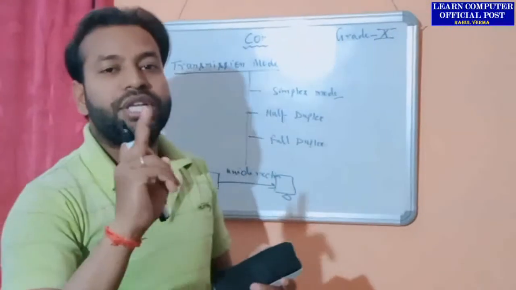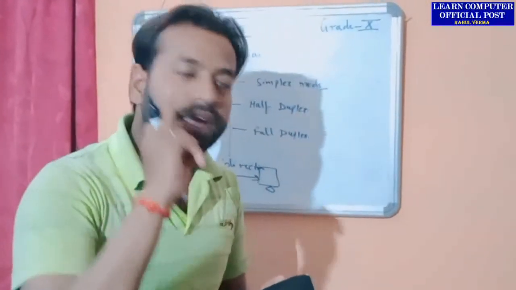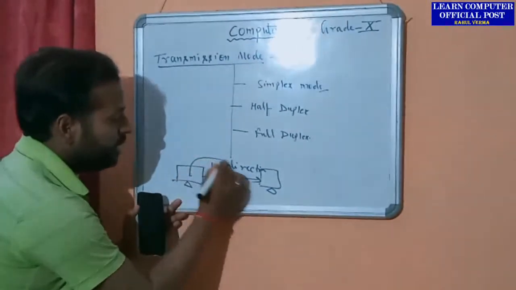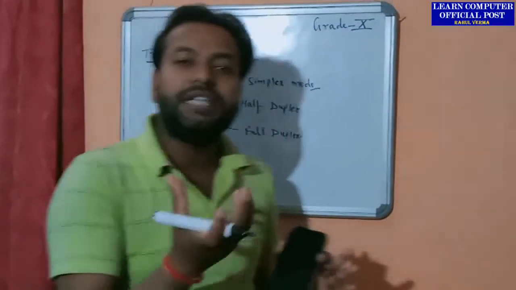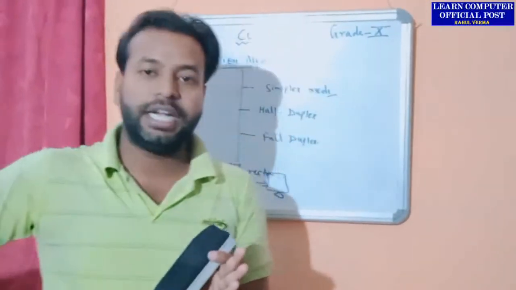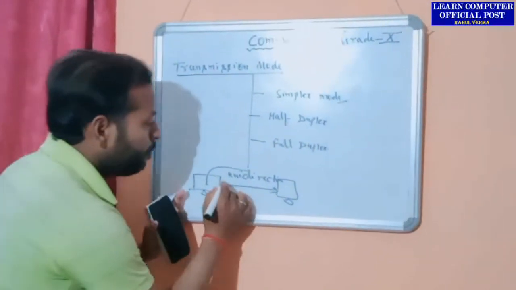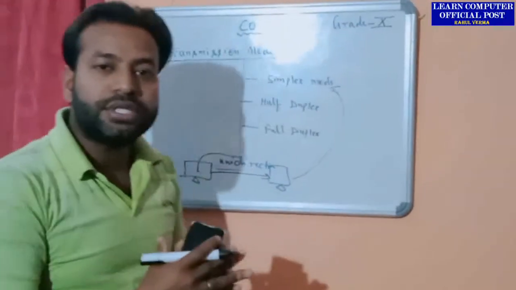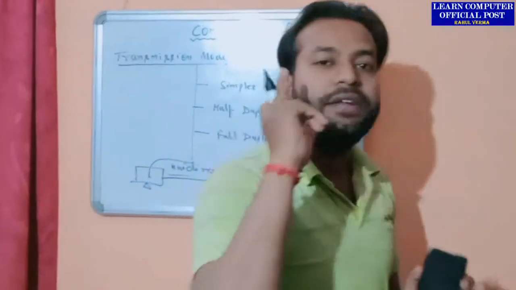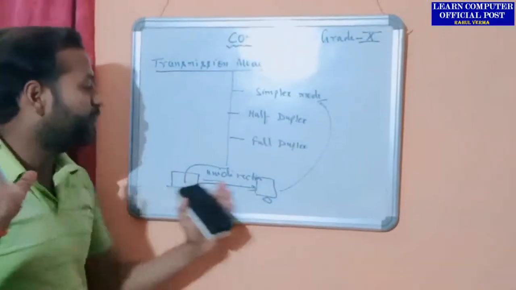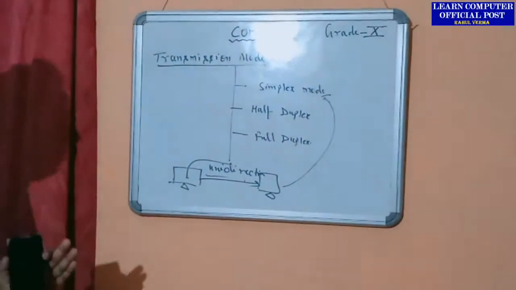Only one way communication will be there, where the sender will send the data and the receiver can receive it, but the receiver cannot send back. Getting my point? So this is the simplex mode. Simplex mode data communication allows us to send the data in one way only. Clear?